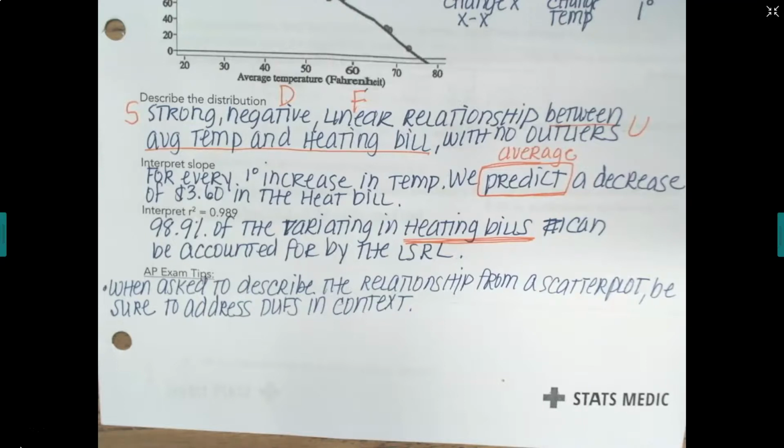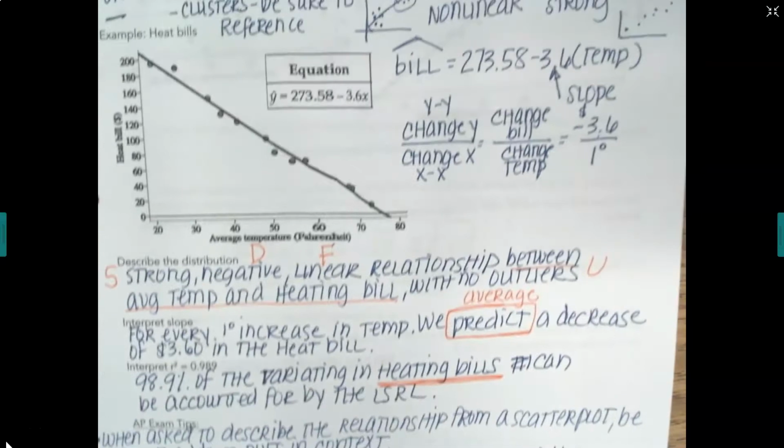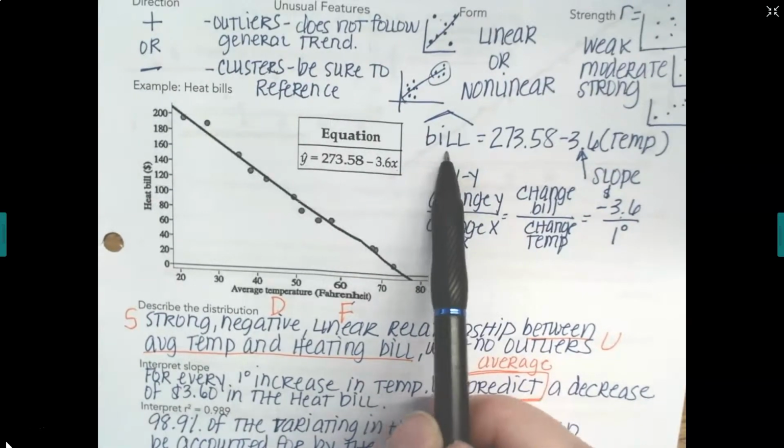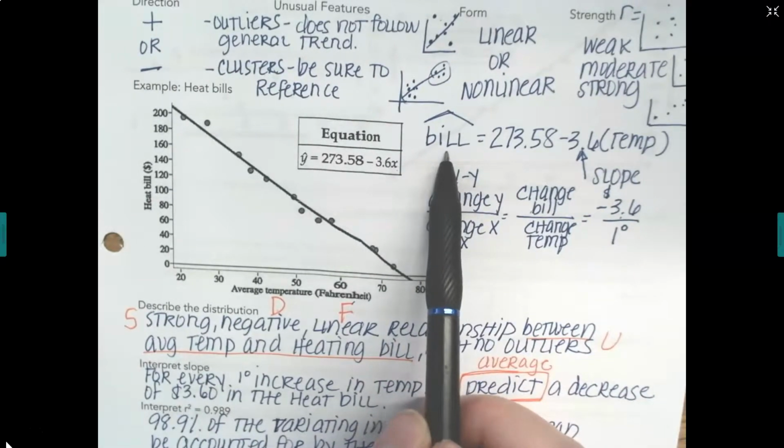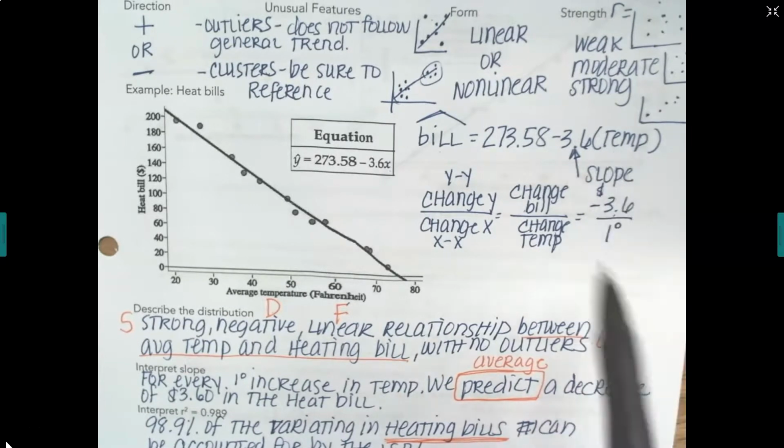Our next AP exam tip has to do with writing your regression line equation. When writing the least square regression line equation, be sure to use contextual variables. And remember what I mean by that is what is representing the y context and what is representing the x context. Make sure you put those in there.